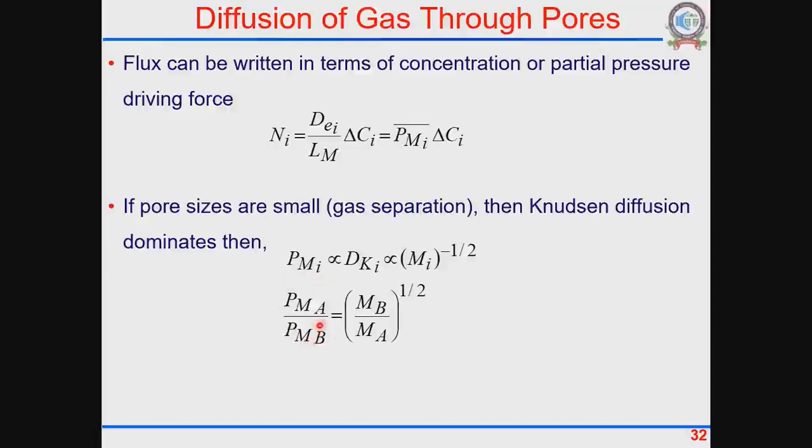So the ratio of permeability for hydrogen to methane would be the molecular weight of methane divided by the molecular weight of hydrogen, 16 divided by 2, that means 8, 8 raised to half, which is slightly less than 3. That means for a particular membrane, for separating hydrogen from methane, the ratio of the permeability of hydrogen to the permeability of methane would be approximately 3.